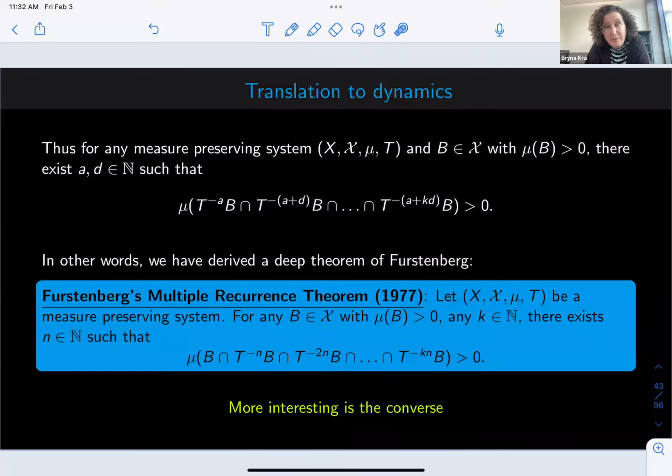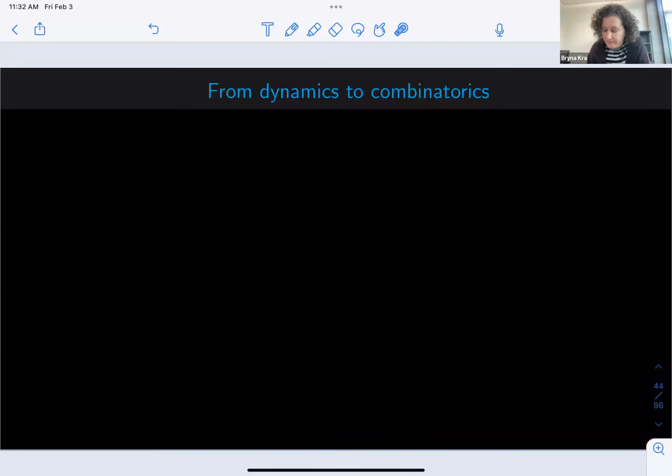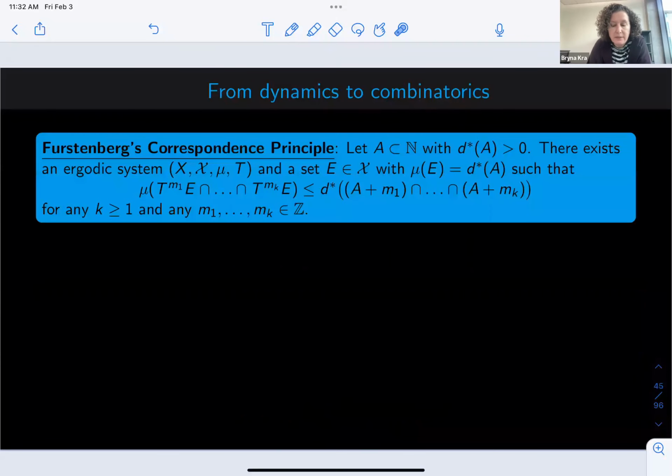But same thing as before, the interesting part is actually the converse: if you could prove Furstenberg's theorem using purely dynamical methods, then you would get the combinatorial statement. And so how do you go from dynamics to combinatorics? Well, this is Furstenberg's correspondence principle, and let me state it clearly here.